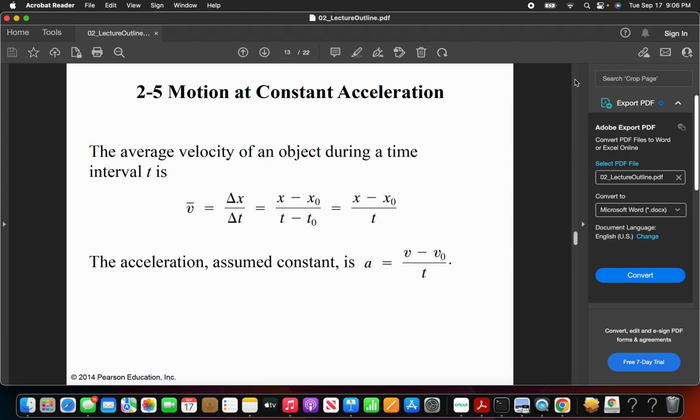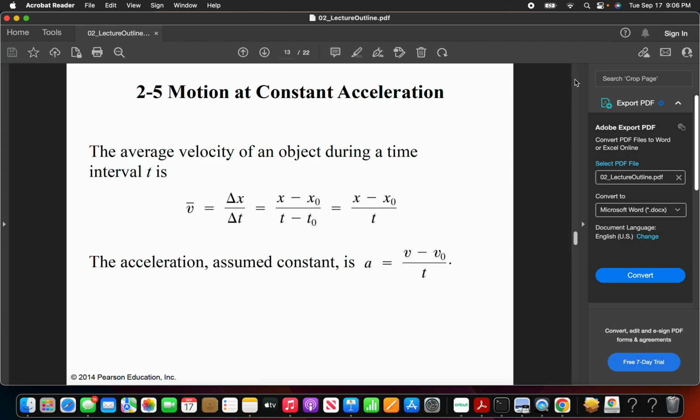But anyway, same way we calculate the average velocity, and then we can calculate the acceleration, right? And you see those two equations right there. You see the bar over the v, and then we see delta x. Delta stands for difference, right? x2 minus x1, or x minus x naught.